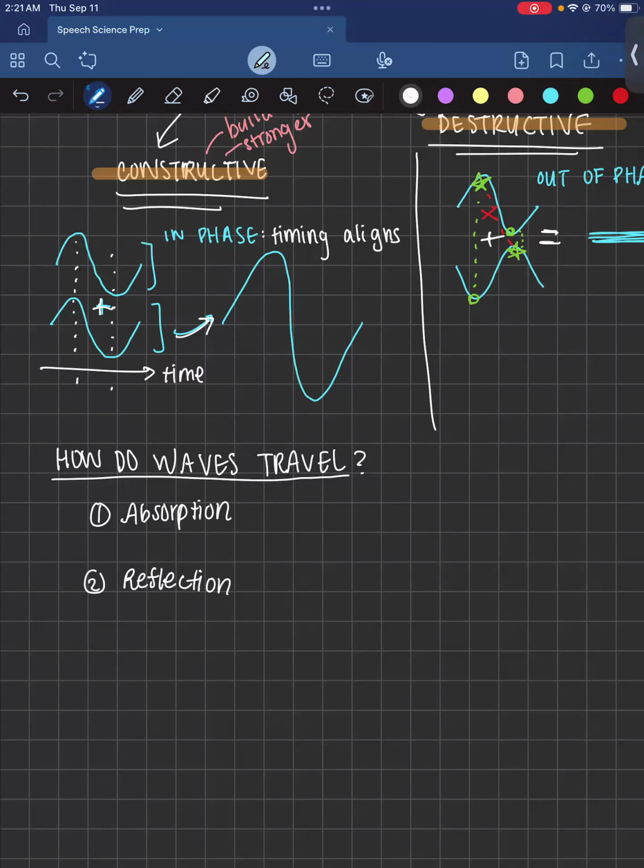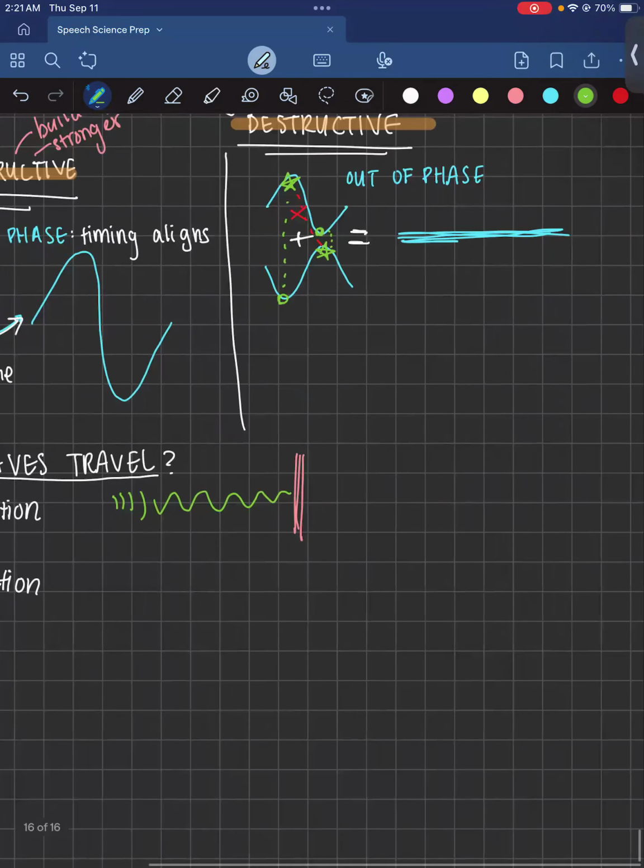So with absorption, let's say I have this wall here, and I have some sound that's propagating, and the sound hits the wall, but the wall is made of what I would call a dampening or damping material. And so what happens is the sound goes towards the wall, and then it just gets absorbed by the wall.